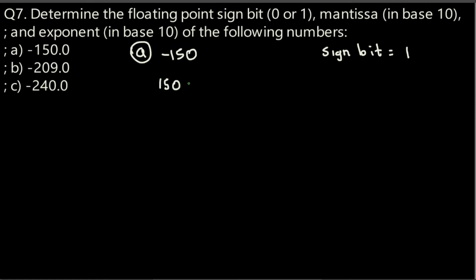We can convert this into binary by dividing by 2 until we get 0. So this is going to be 75 and the remainder is 0. Then 75 divided by 2 is 37 and the remainder is 1.